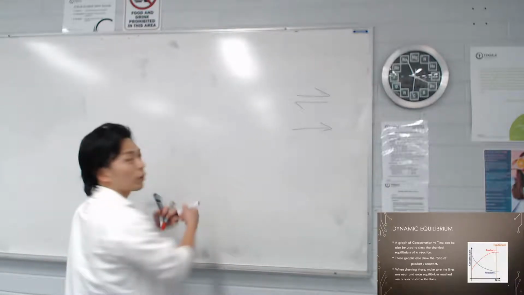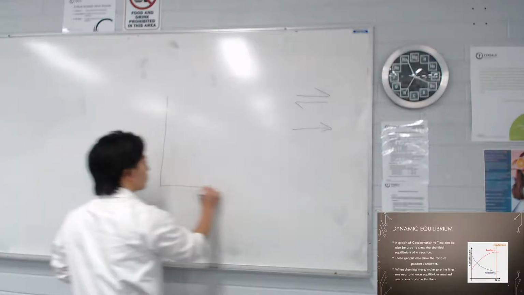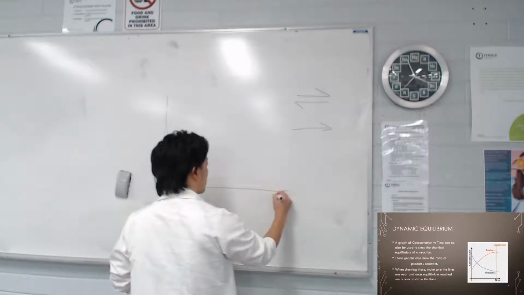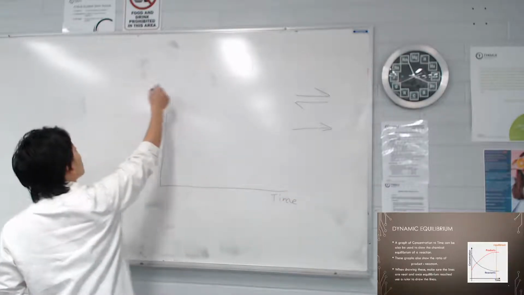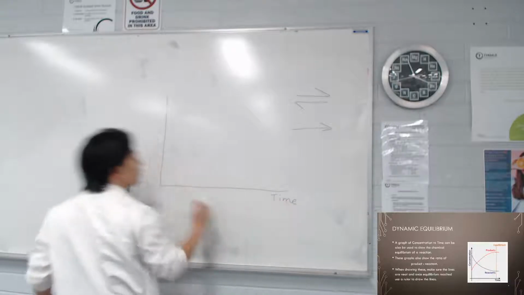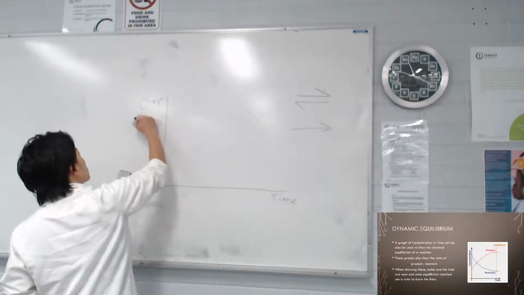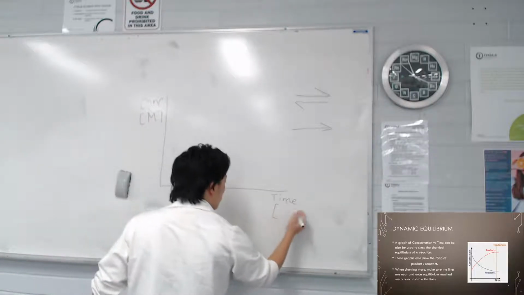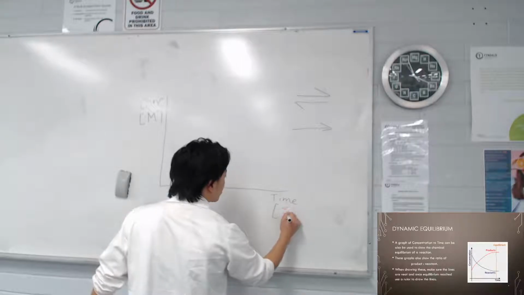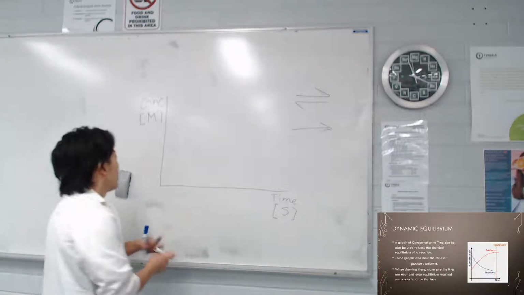So if you're drawing a graph, x-axis going time, with concentration in molar on the y-axis, and time being, let's say, seconds, whatever's fine.